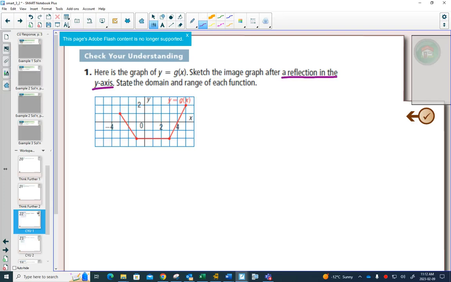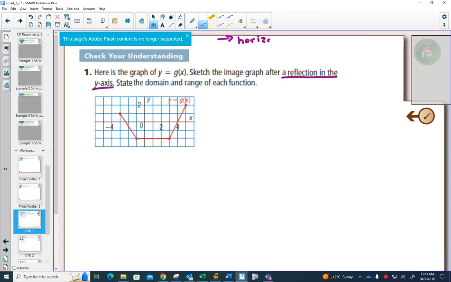So they could say a reflection in the y-axis. That would be a vertical reflection. Sorry, no, that would be a horizontal reflection. Because you're going over the y-axis, you're moving things horizontally.